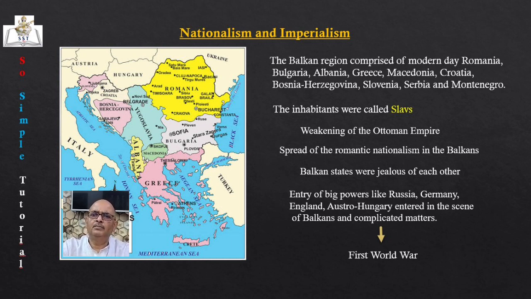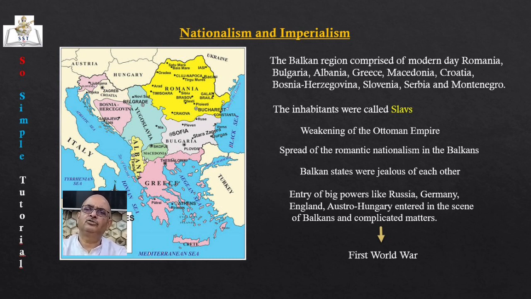The inhabitants of the Balkans were called Slavs. A large number of Balkans were under the control of the Ottoman Empire. Ottoman Empire was a vast dynastic empire comprising a great mixture of race, religion and language. The ruling class was Turkish, whereas many of the subject people were either Jews or Christians.